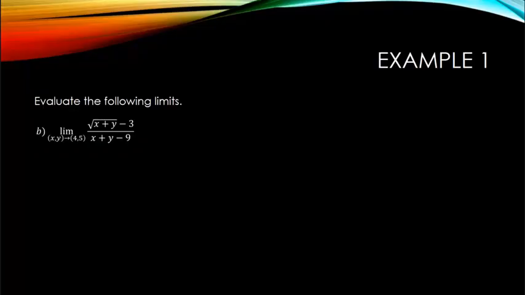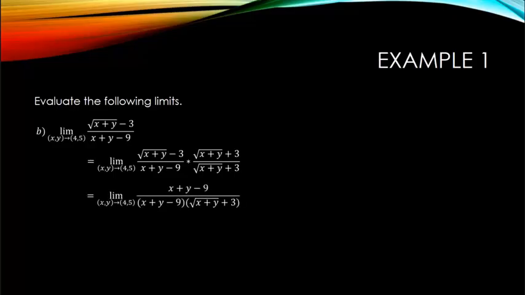In part B of this example, I want to find the limit as xy approaches 4, 5 of the rational function given by the quantity the square root of x plus y minus 3, all divided by the quantity x plus y minus 9. In this case, I'm going to multiply the top and bottom by the conjugate of the numerator. I get the limit as xy approaches 4, 5 of the quantity square root of x plus y minus 3 over the quantity x plus y minus 9 times the ratio the square root of x plus y plus 3 over the square root of x plus y plus 3. I'm going to do that multiplication.